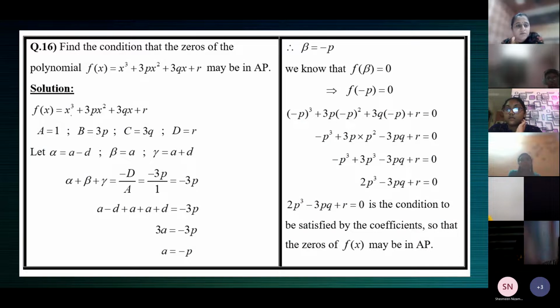See here, this is the given cubic polynomial.